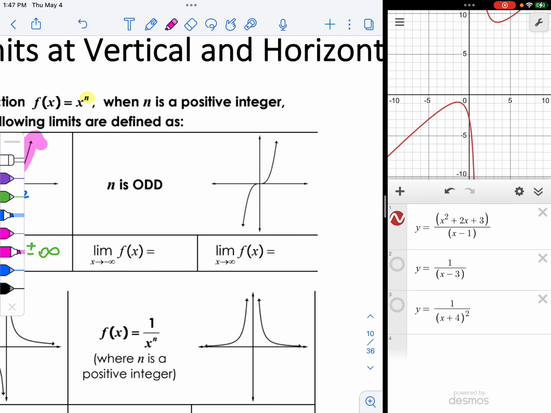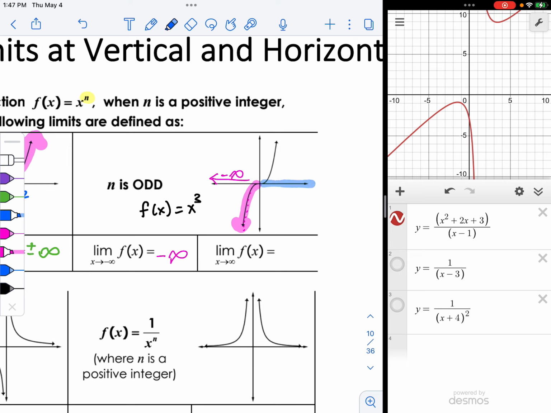Now, on the flip side of this, if your exponent of your power function is odd, such as this function would be x cubed, you're going to end up using both of them. You can see that on my left side, which would be a description that x is going towards negative infinity, your y values are headed down towards negative infinity.